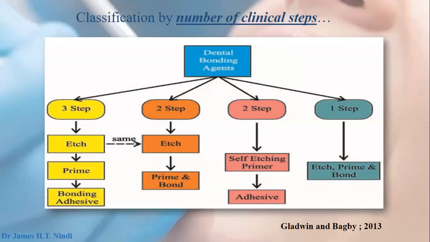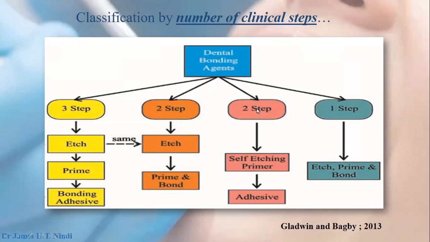If it's 3 steps, every component in the adhesive system is separate. The etch will be separate, the prime will be separate, and the bonding is separate. We can have 2 modalities, which basically means one of the 3 steps has been combined with another. One form of the 2 steps is where the etching component is separate and the prime and bond are combined into one.